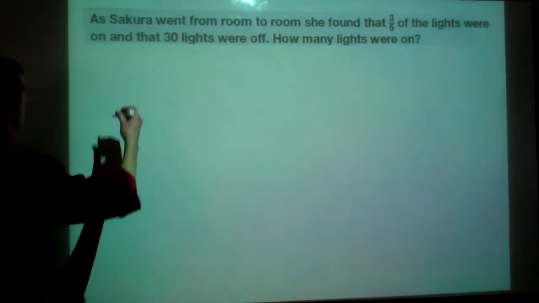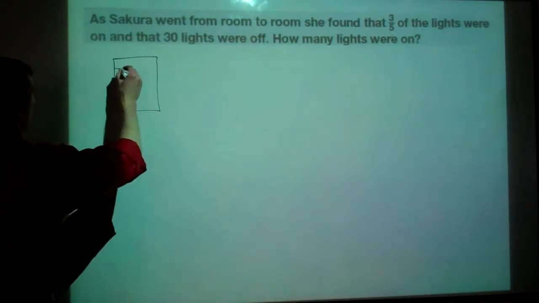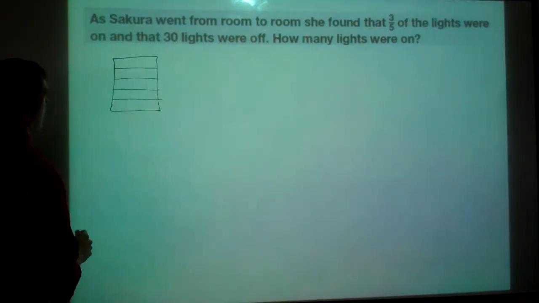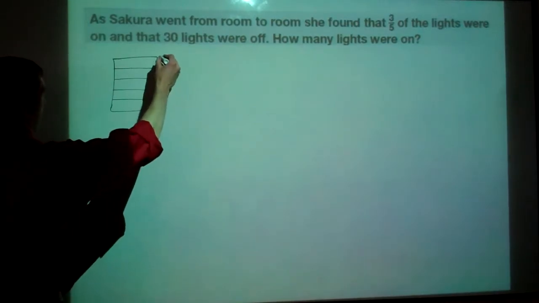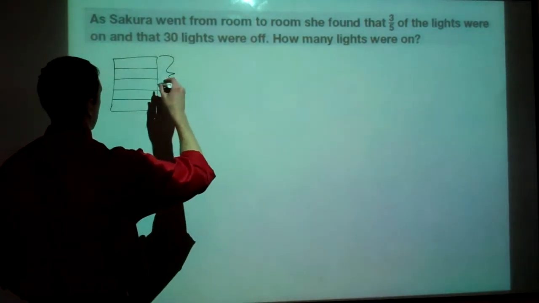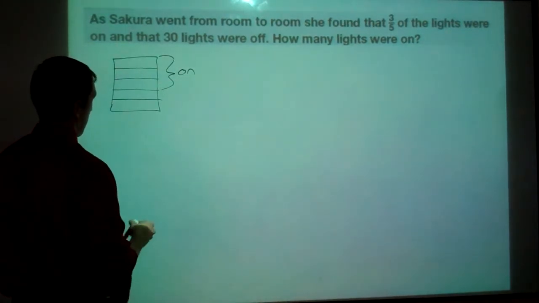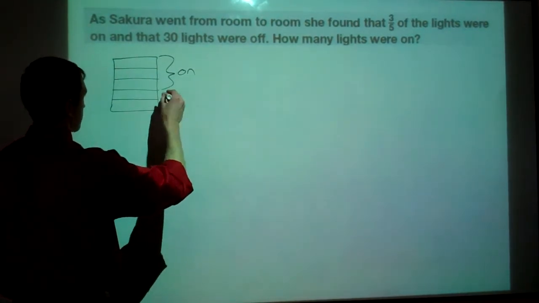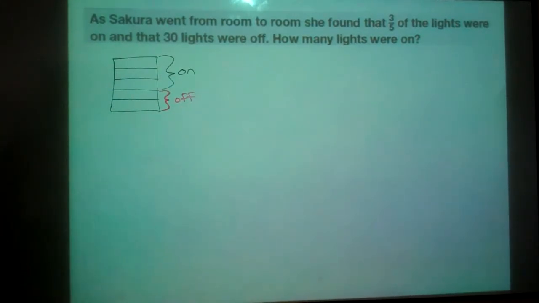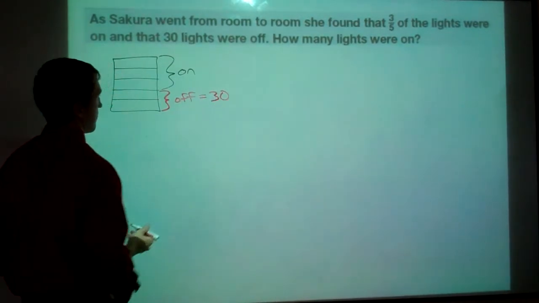We are in fifths, so we want 5 boxes, and 3 of the 5 were lights on, and then we have 2/5 off. The only thing we know is that 30 lights were off, so this equals 30.